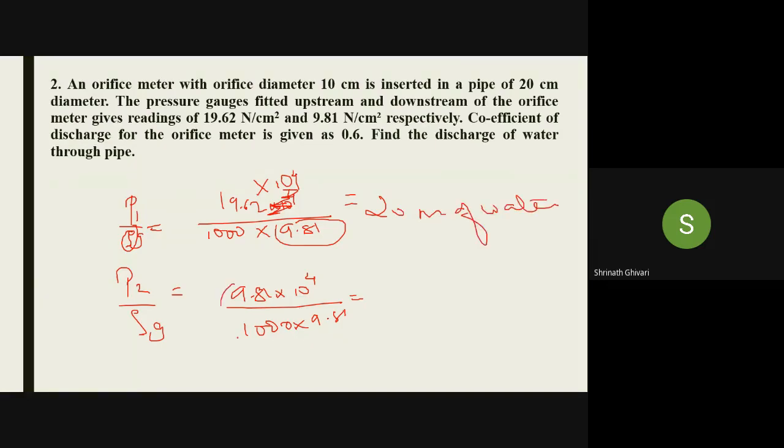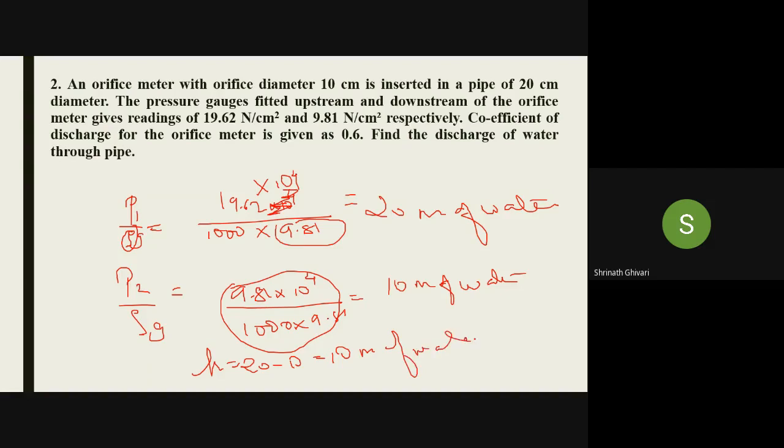This will be P2 by rho G. 10 meter of water. Now you have got both. So what is H? P1 by rho G minus P2 by rho G, 20 minus 10, equal to 10 meter of water.